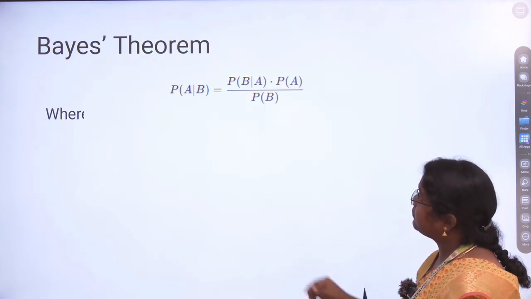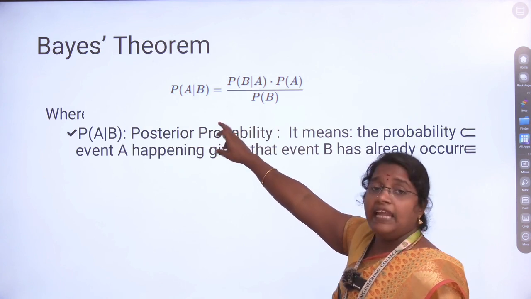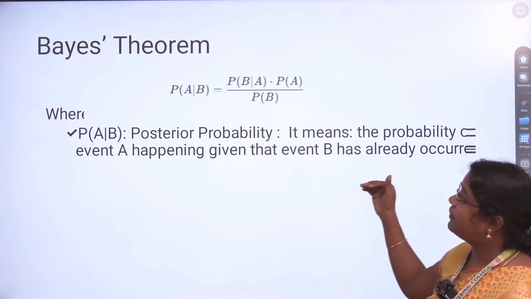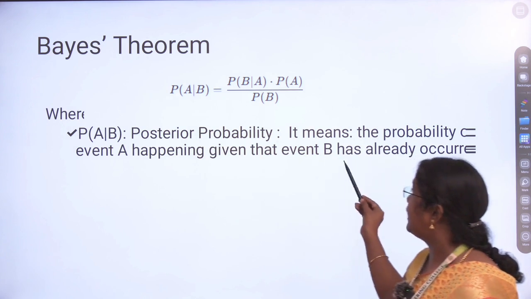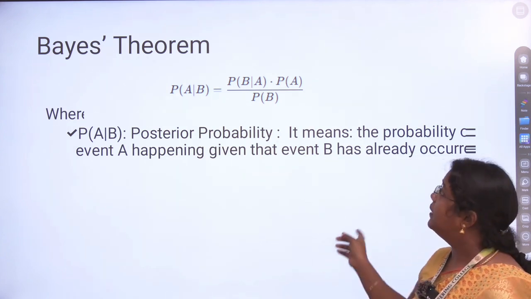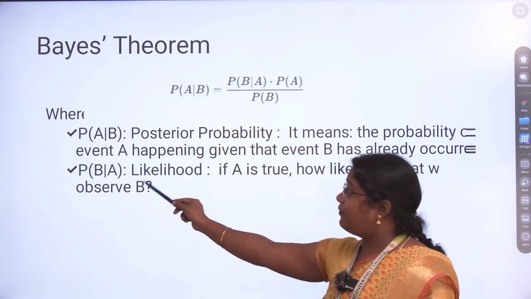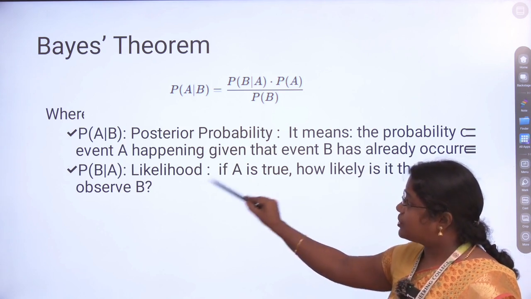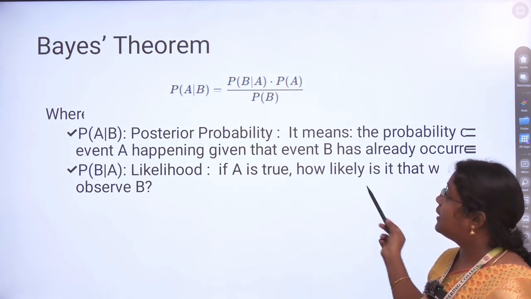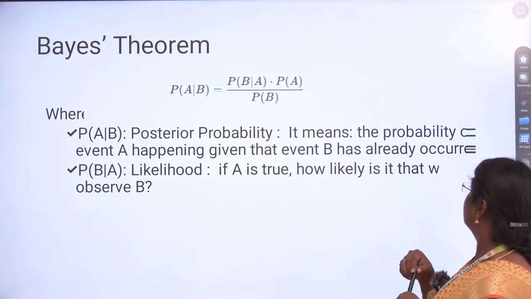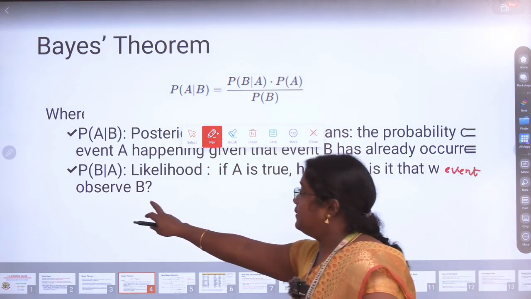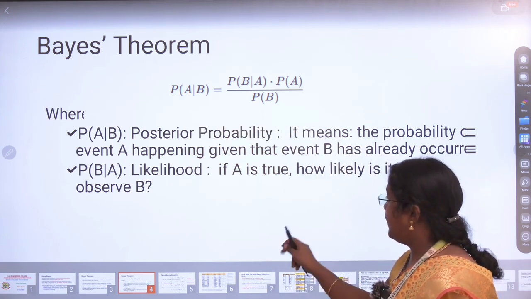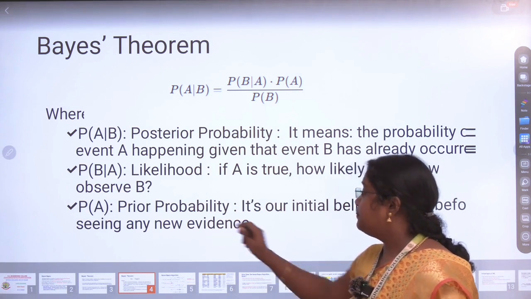Here, the probability of A given B is called the posterior probability. It means the probability of event A happening given that event B has already occurred. The probability of B given A is called the likelihood, which means if A is true, how likely is it that event B is observed. Then the probability of A is called the prior probability.